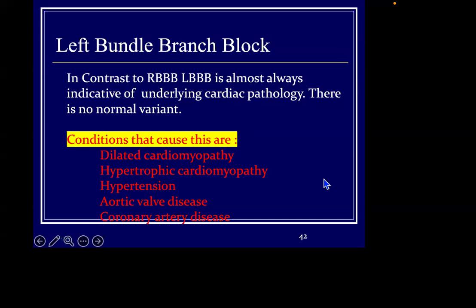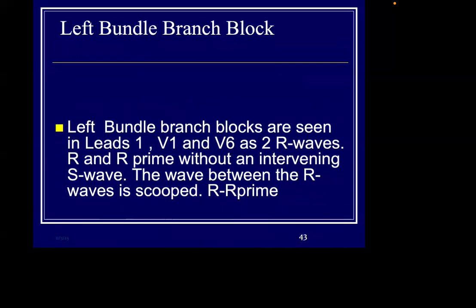There are many abnormalities that can be picked up by LBBB. When you find LBBB, usually it is pathological. Usually there is an underlying abnormality, and you should look for this abnormality.